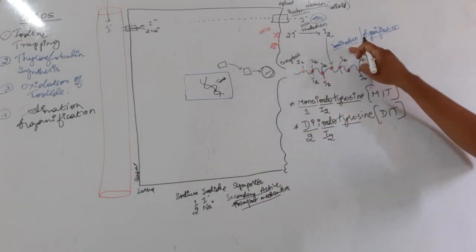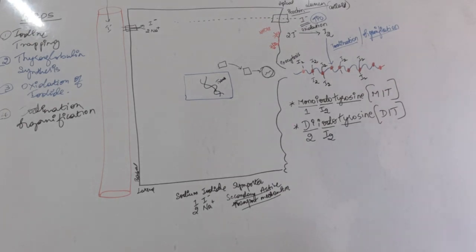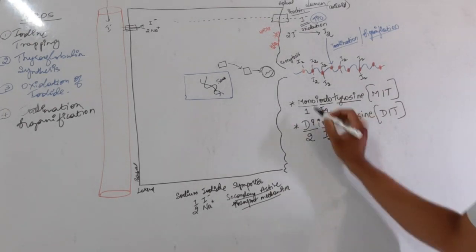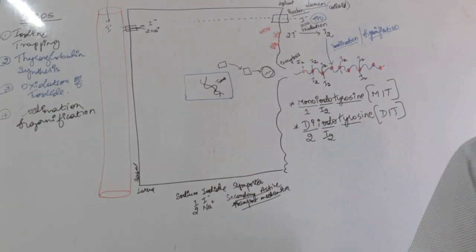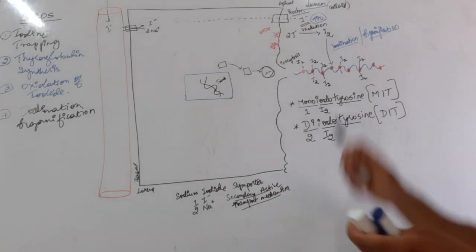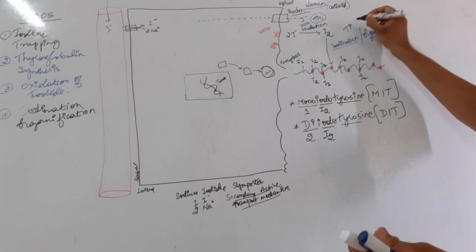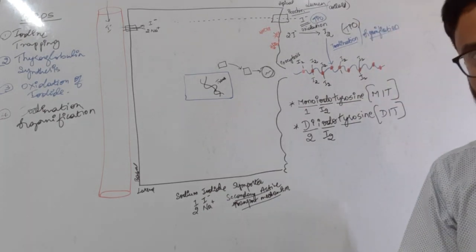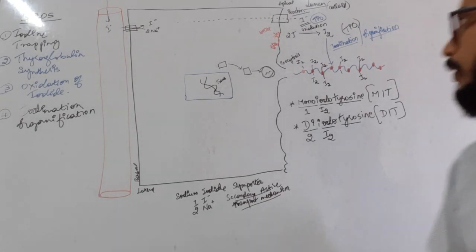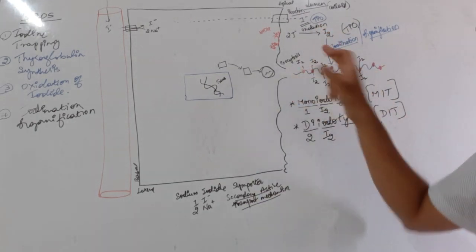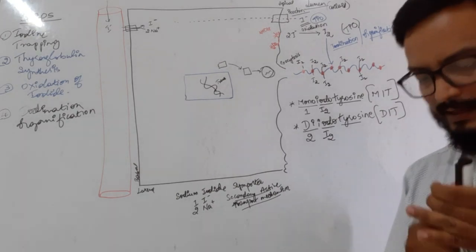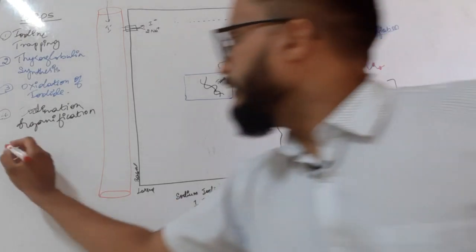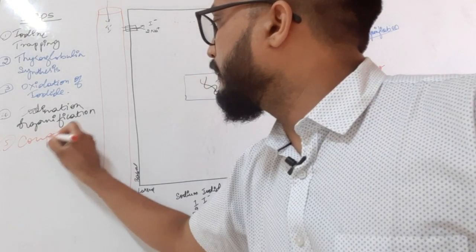So through the iodination or organification process, there is production of monoiodotyrosine and diiodotyrosine. Again, this process is catalyzed by thyroid peroxidase, which also plays an important role in attaching the iodine to the tyrosine molecules. The fifth step is referred to as coupling.